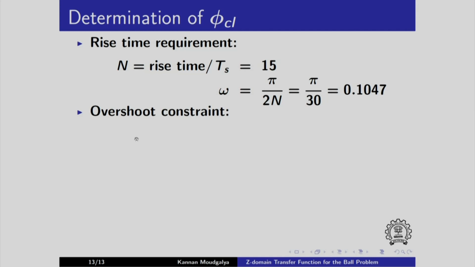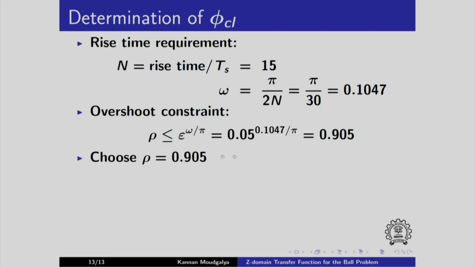The next one is the overshoot constraint. We have rho to be less than this expression and epsilon is 0.05. So let us substitute for omega and pi also here, simplify it, we get 0.905. We will choose rho to be equal to 0.905, and the desired closed loop poles are at rho into exponential plus minus j omega.